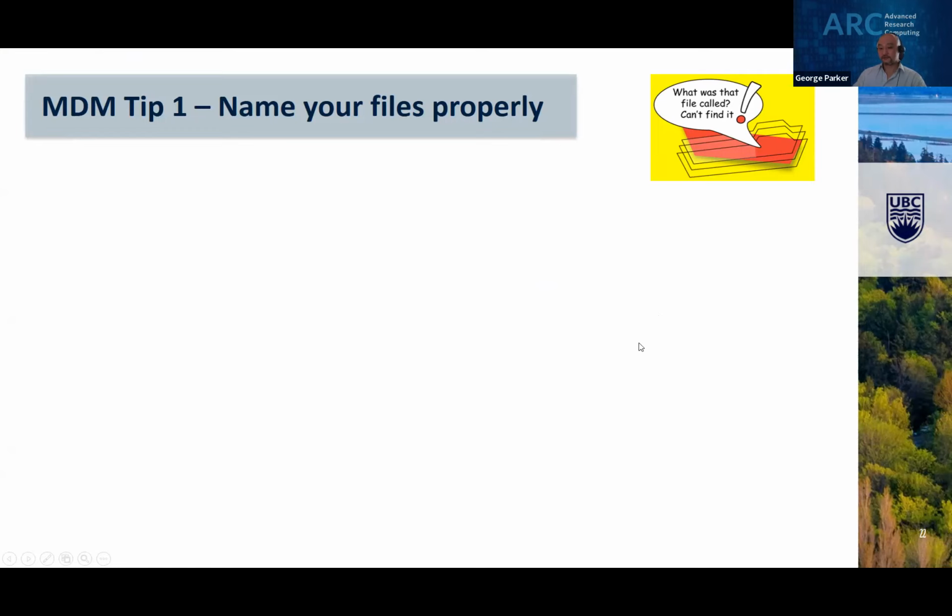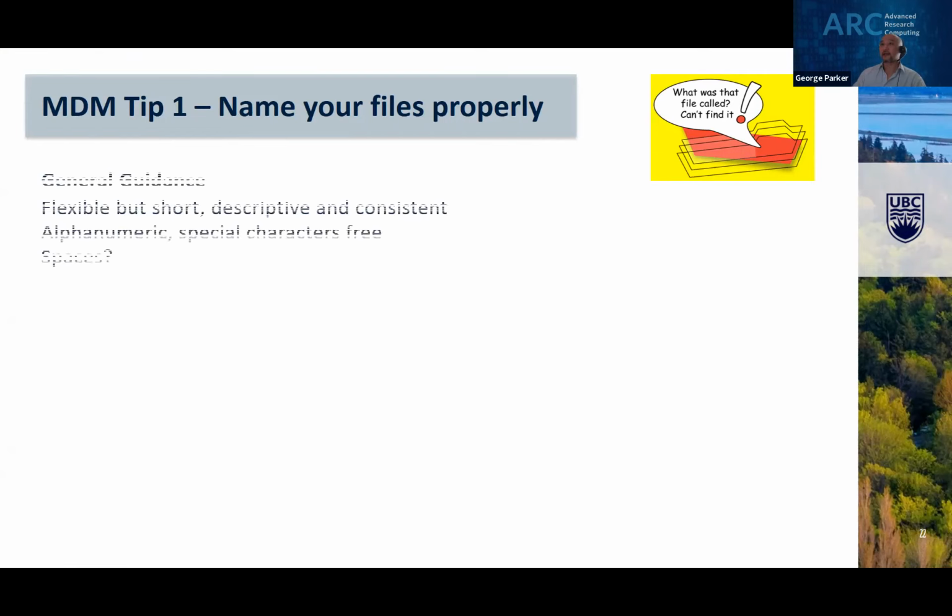We all know file naming is pretty arbitrary. And the general guidance is to keep it short, descriptive, and consistent. You will use combinations of letters and numbers if needed. You will avoid special characters.